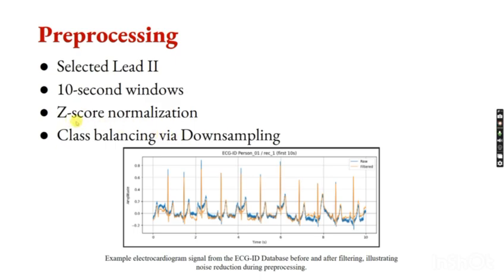As we all know, some medical data sets are often imbalanced, so we used class balancing through downsampling to reduce bias toward the majority classes. Of course, we mentioned more information in our report. As you can see here, this is an example of a signal before and after filtering and noise reduction during pre-processing.